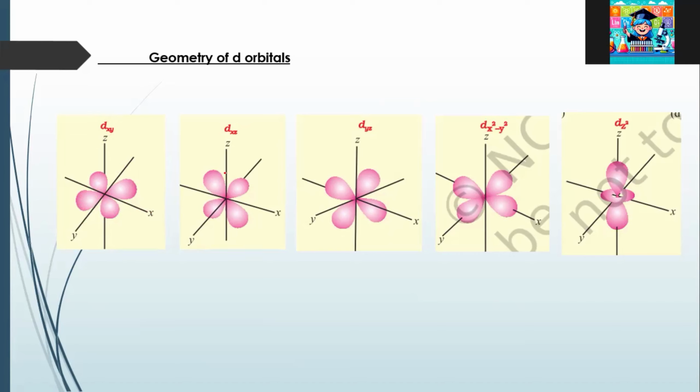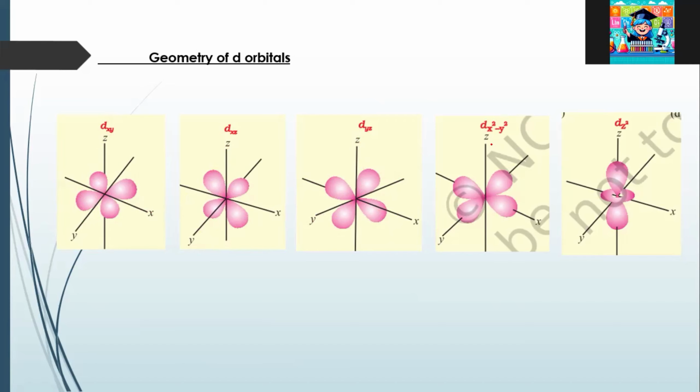Similarly, dxz is like this, the orbitals are present in between the z and x axes. dyz is like that, the lobes of the orbital are in between the axes of z and y.